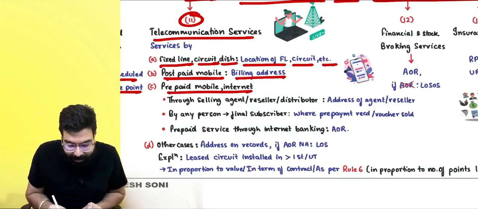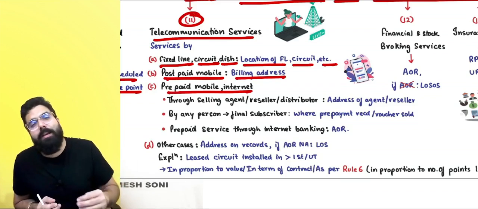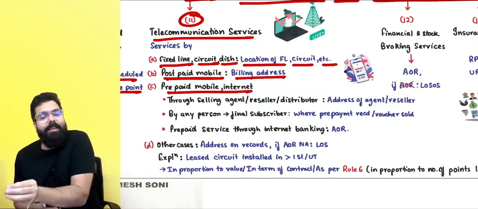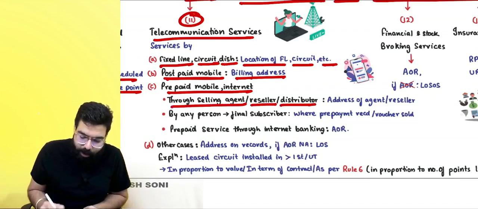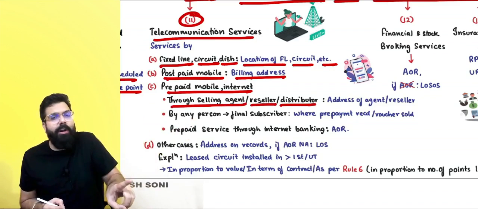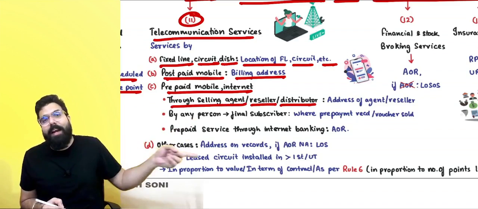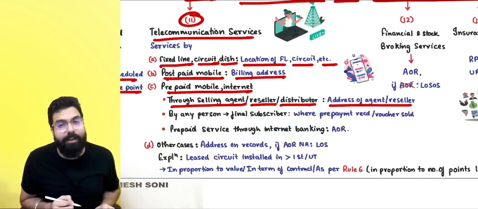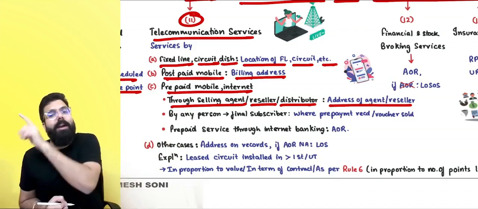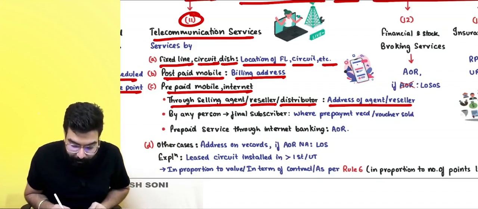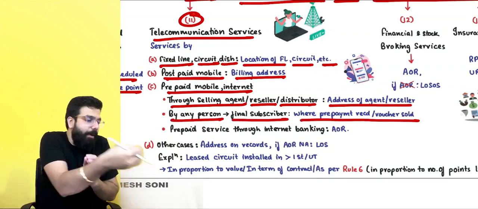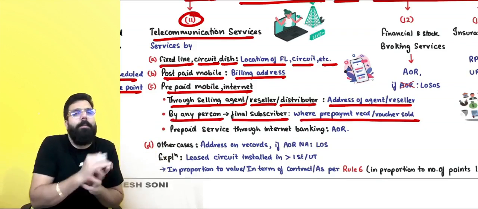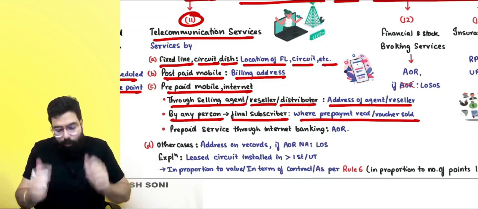If prepaid services or internet services are given through a selling agent to the final subscriber, then always remember, when the company sells to the selling agent, reseller or distributor, the place of supply for the company is the address of the agent or reseller. When the reseller sells to the final subscriber, the place of supply is where the final subscriber paid, that is, where the pre-payment is received or the voucher is sold.